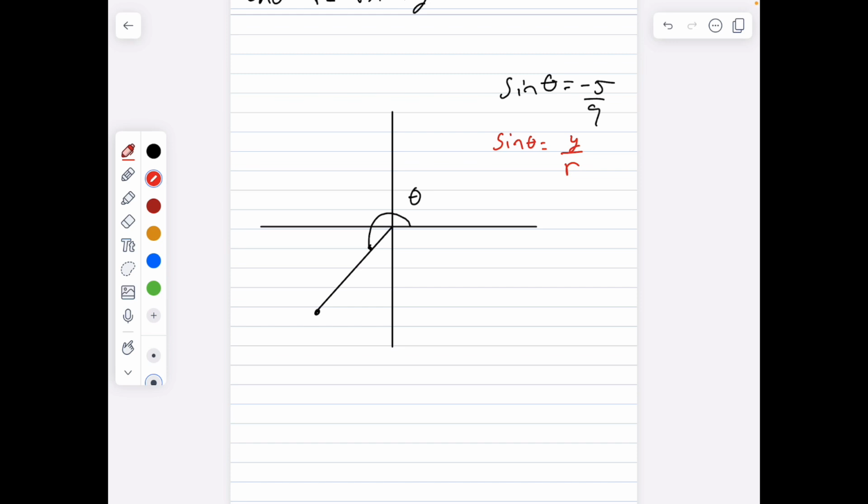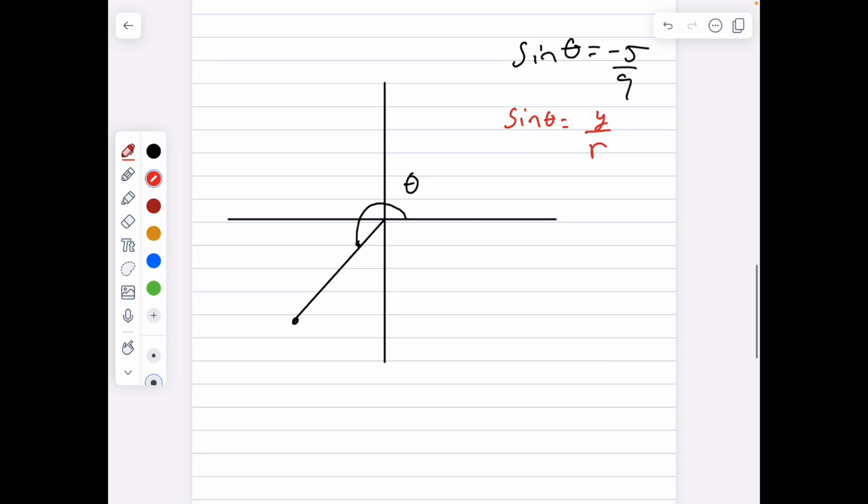However, you can go ahead and assume that y and r are actually equal to minus 5 and 9 respectively. Essentially that's what we do for the most part with these problems. If you're given sine as one number over another number, we assume that y is equal to minus 5 and r equals 9.